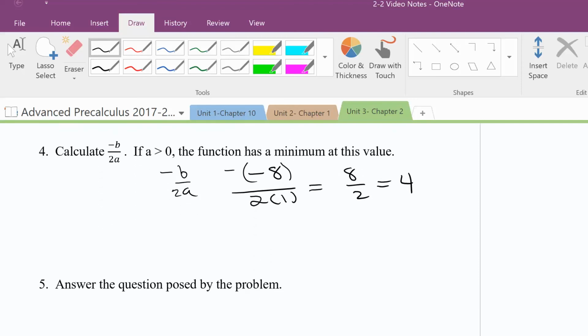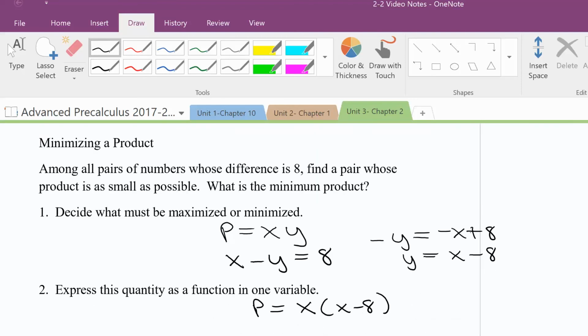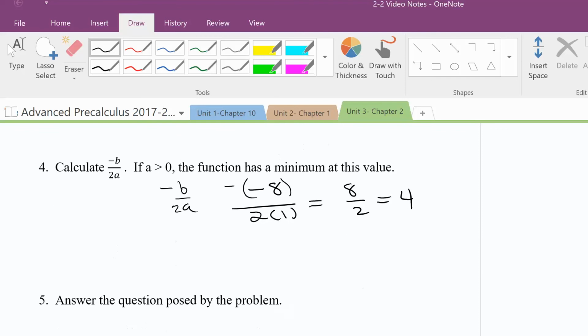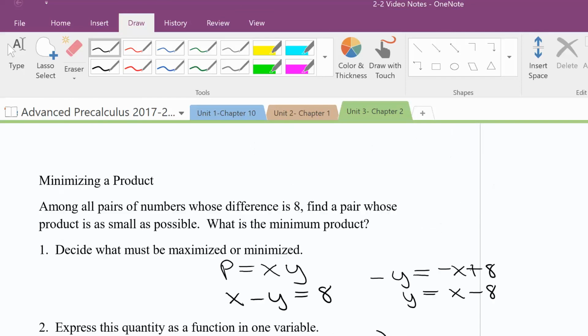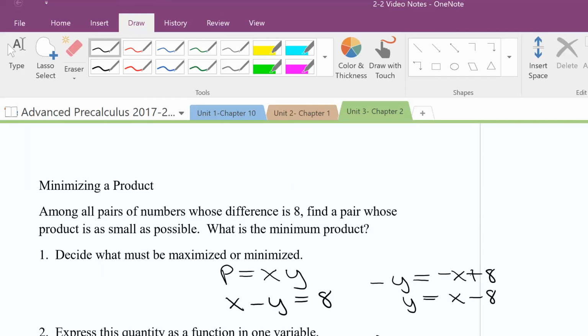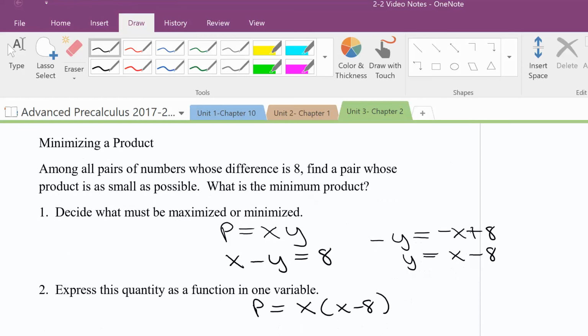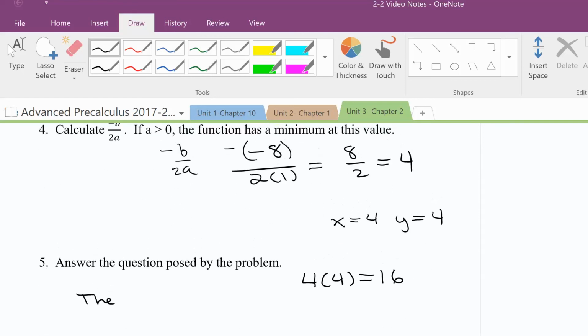And then it says, what is the minimum product? So that means x is 4 and y is 4. So the minimum product, 4 times 4 is 16. So basically, when it says answer the question posed, it says find a pair whose product is as small as possible.